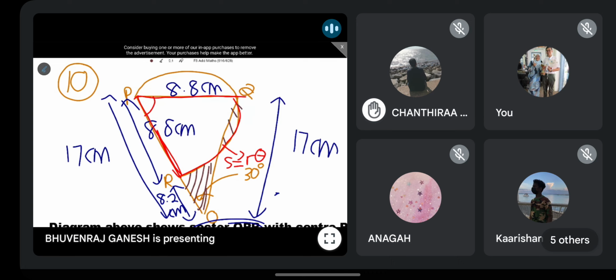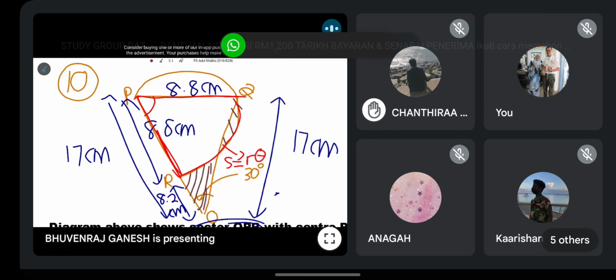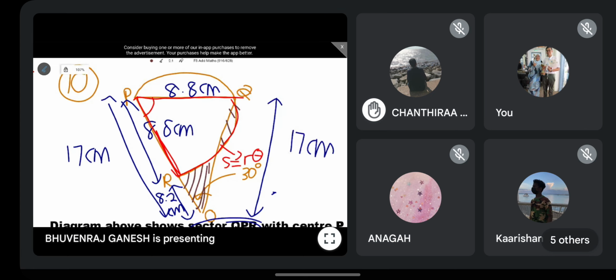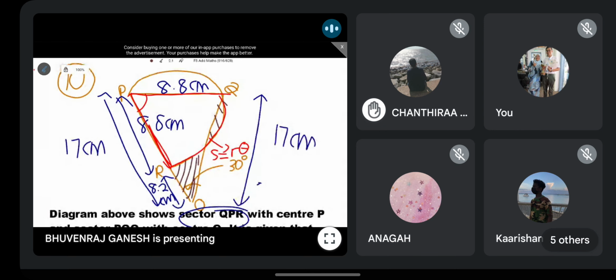Include this part as well. Anyone? How do we get the area?